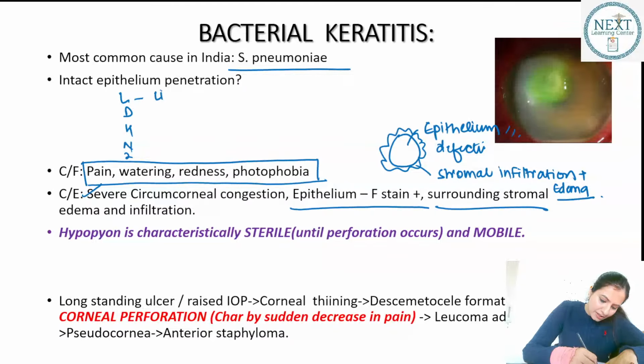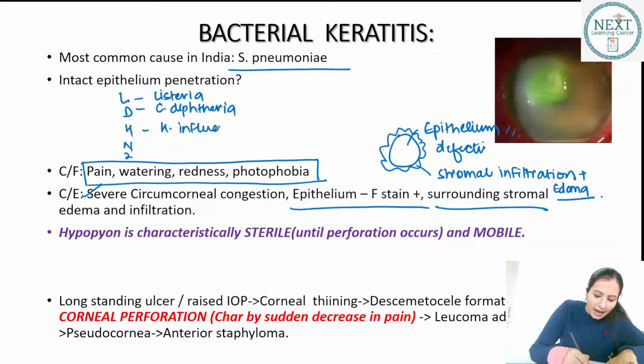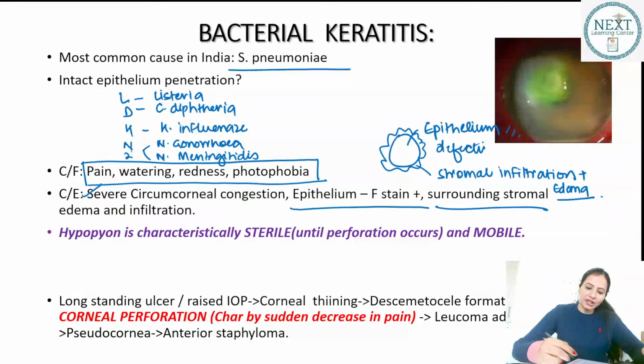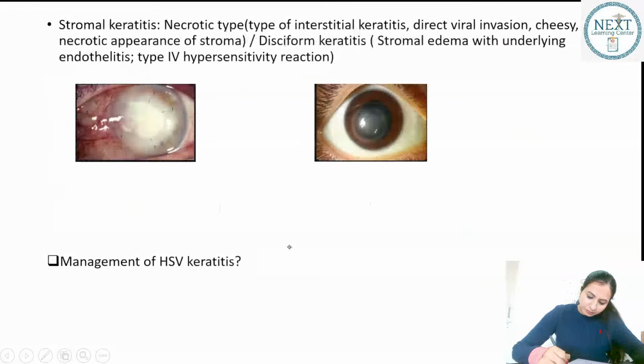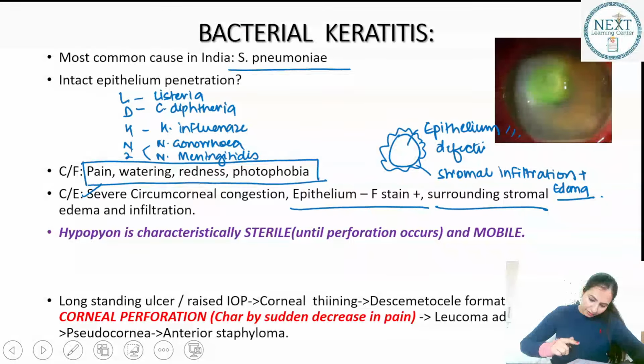L is Listeria monocytogenes, D stands for Corynebacterium diphtheriae, H stands for Haemophilus influenzae, and N2 is Neisseria gonorrhoeae and Neisseria meningitidis. Now the pus in the ulcer in case of bacteria is characteristically sterile, and it is immobile.